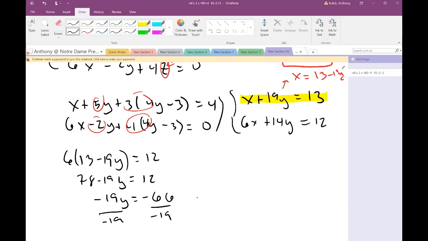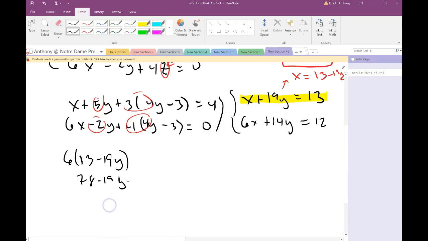That's not right, though. 14. Oh, yeah, I still have that 14 in there. That's the problem. Thank you, Justina. I was like, why is this not working? That makes a heck of a lot more sense.